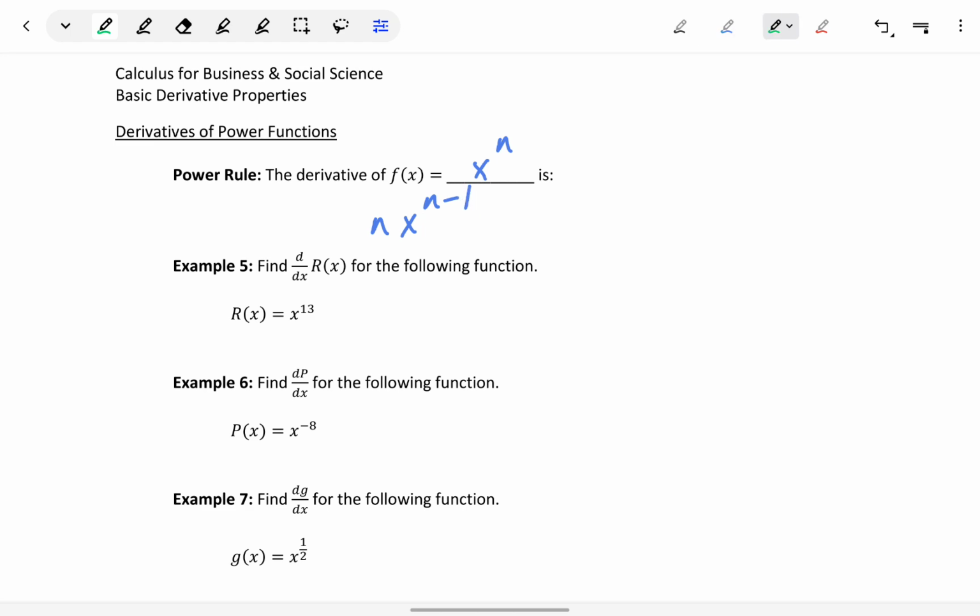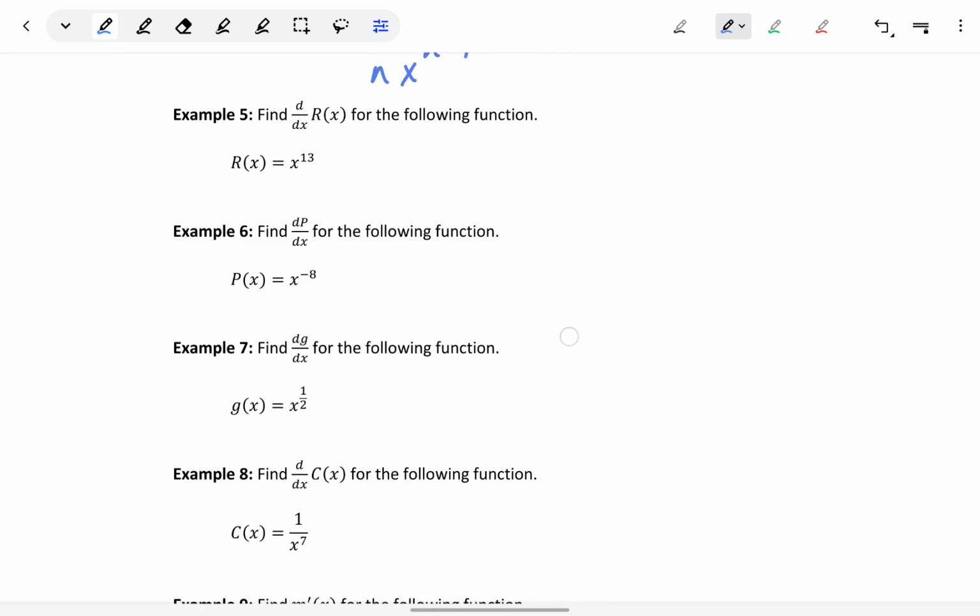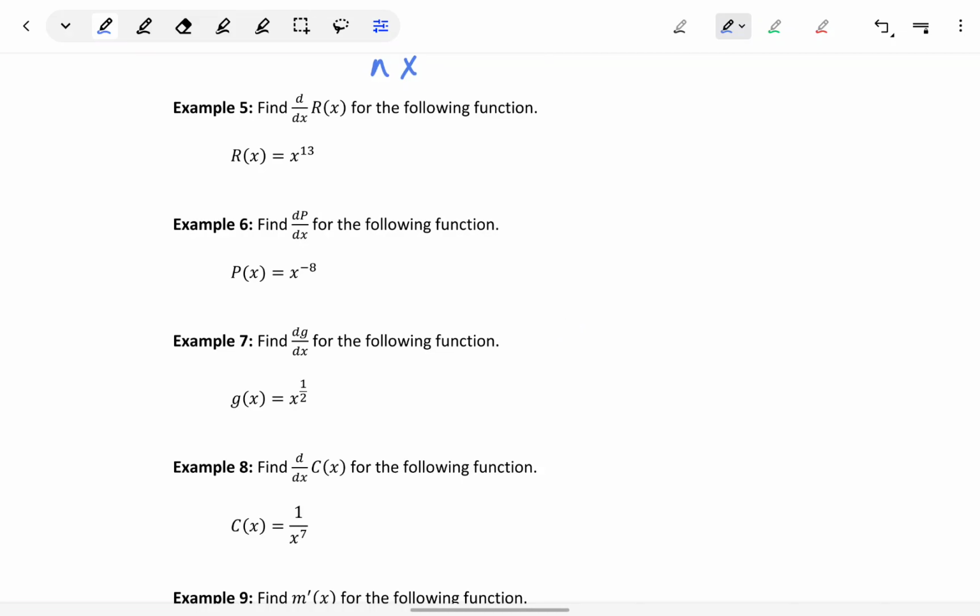Meaning what we do is take that exponent, drop it down as a factor in front of the variable, and then the original value in the exponent gets subtracted by 1. And we can apply that rule anytime we have a variable raised to a constant power.